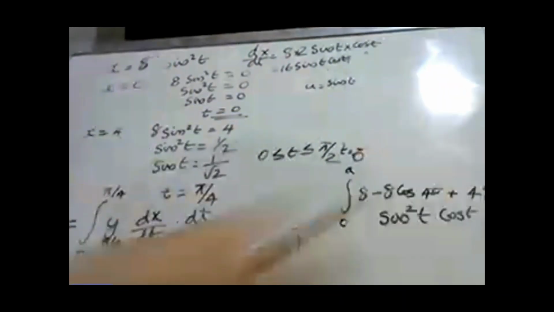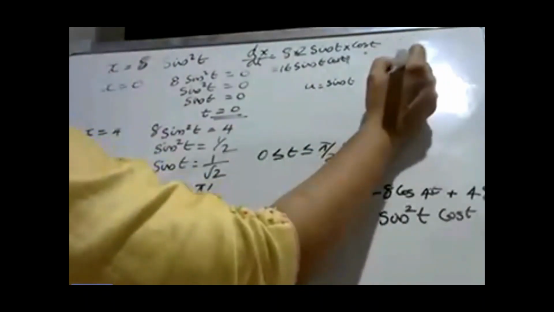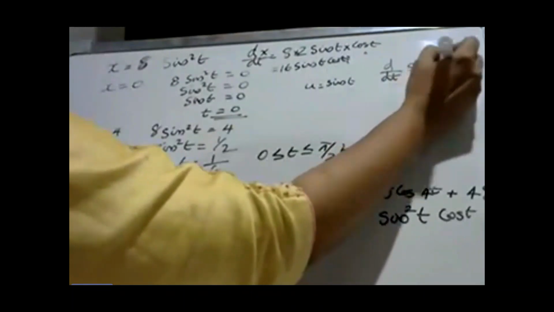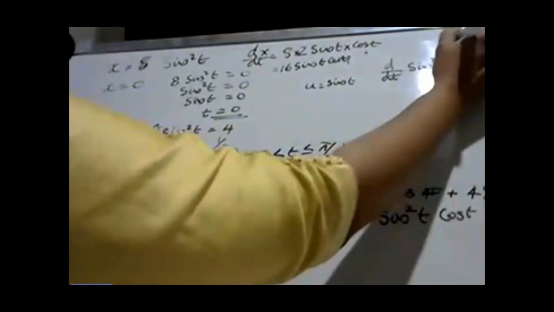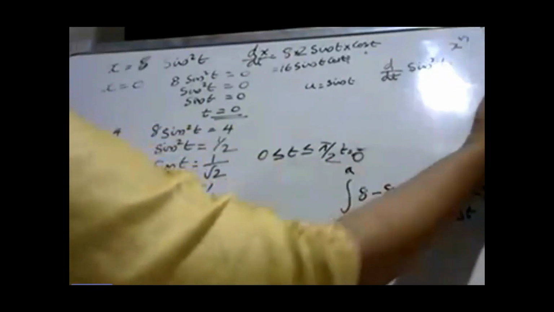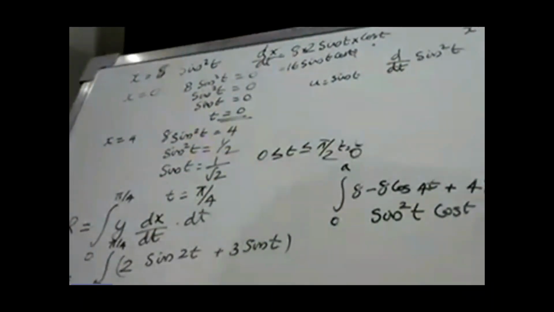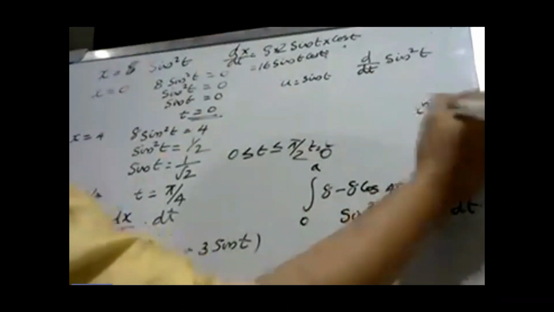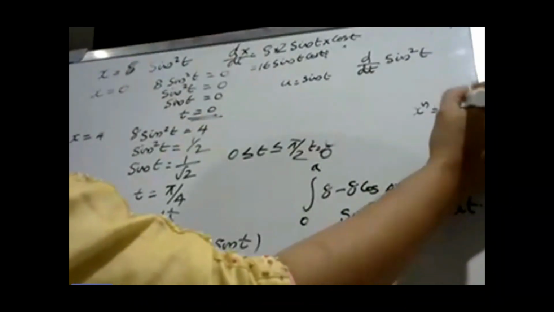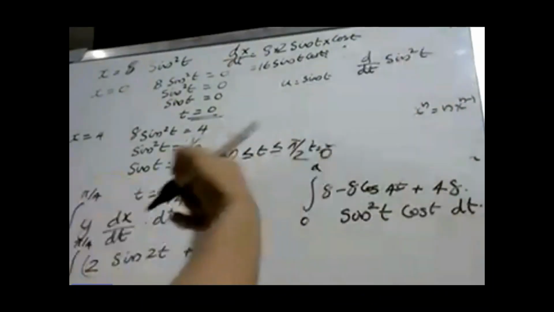What we have to do is find d over dt of sin squared t. I'm comparing this with d over dt of x to the power n, which we have already proven is n times x to the power n minus 1. The same thing I am using here also.